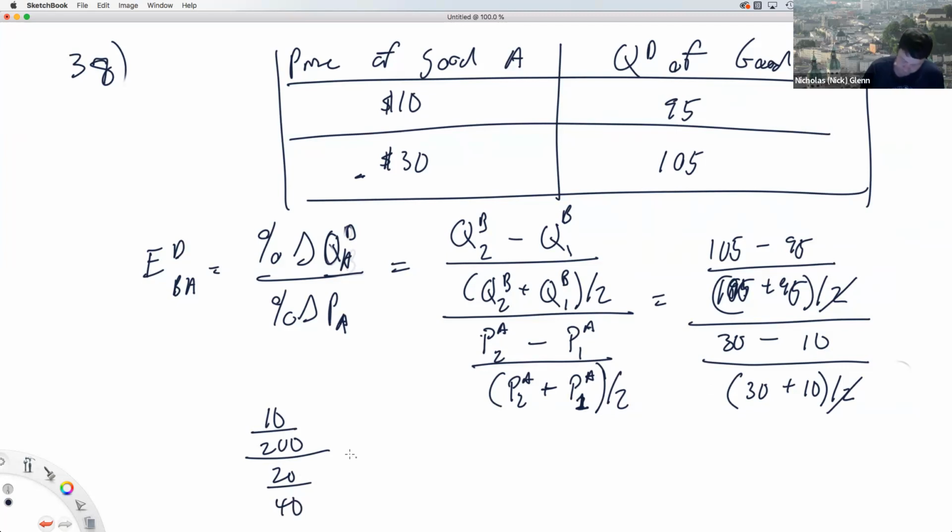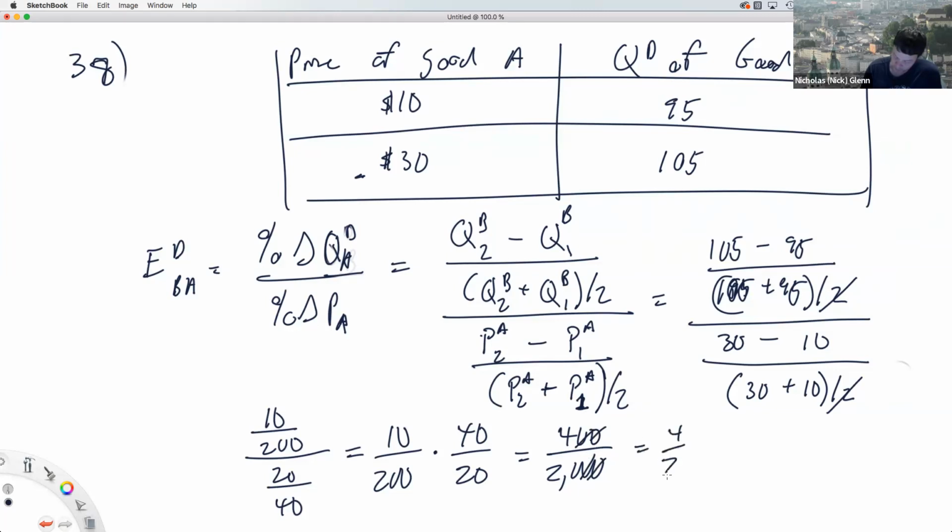Okay. All right. What can we do here to get this? Well, we can cross multiply. 10 divided by 200 times 40 divided by 20. So we're going to have 400 divided by 2,000. All right, we can cancel all these out.